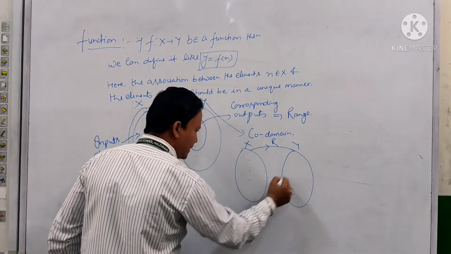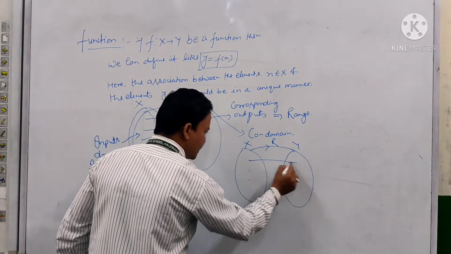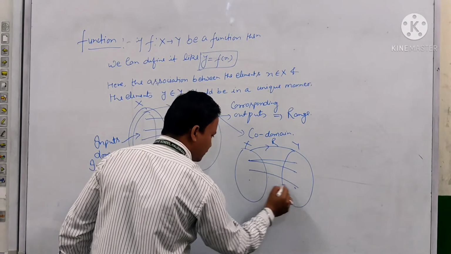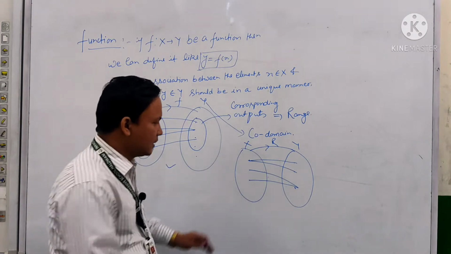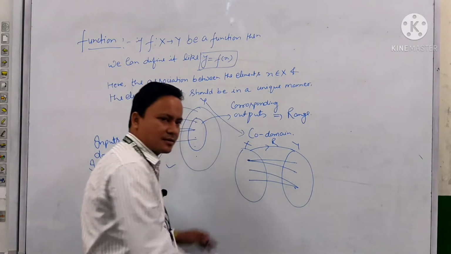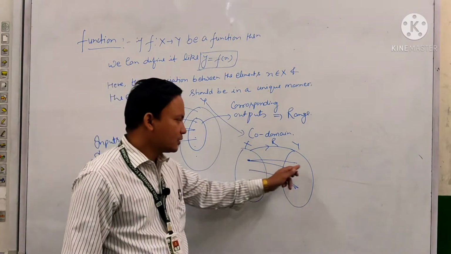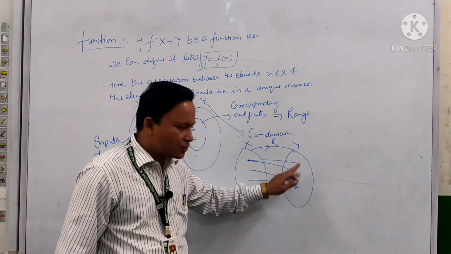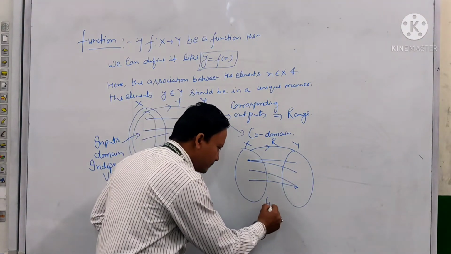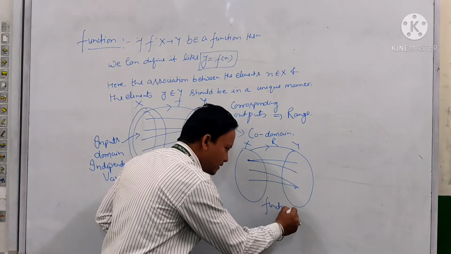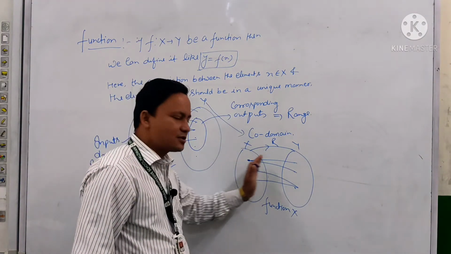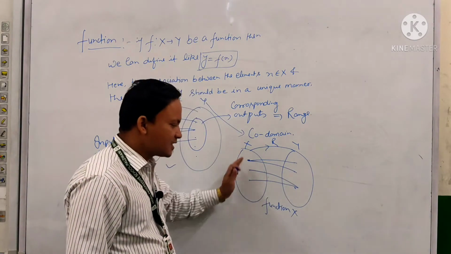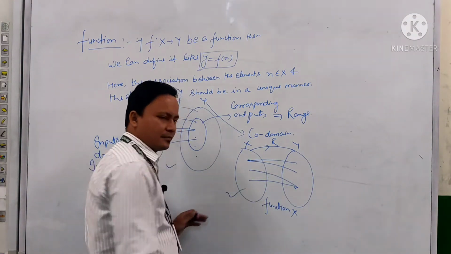Now these are some elements. Suppose this kind of relation is developed here. Now you can check: there is one element in set x which has two images in set y. So this is not a function, because the mapping of elements of set x is not unique, but this is said to be a relation.